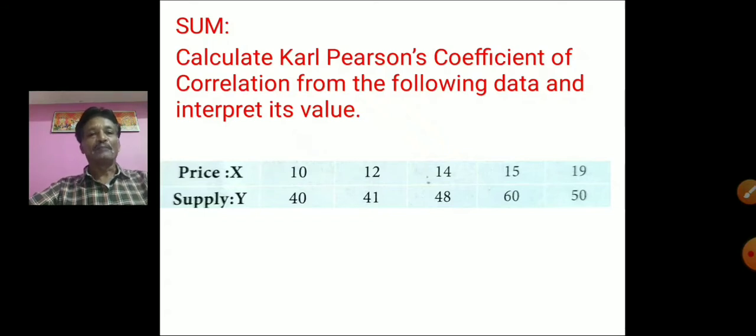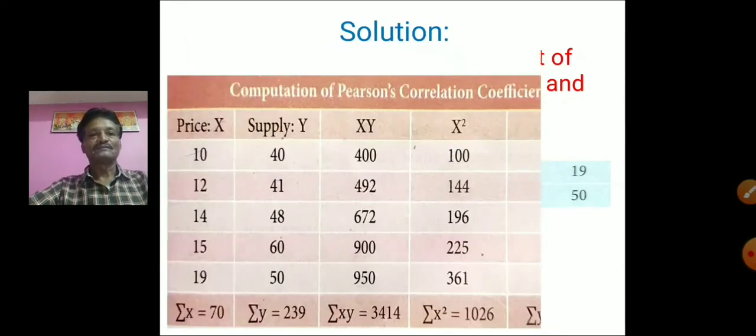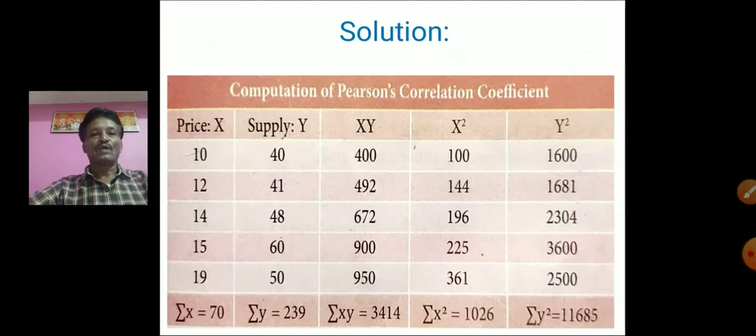So here in price you are having the values 10, 12, 14, 15 and 19. And in supply you are having the values 40, 41, 48, 60, 50. So now first you can make 5 columns.